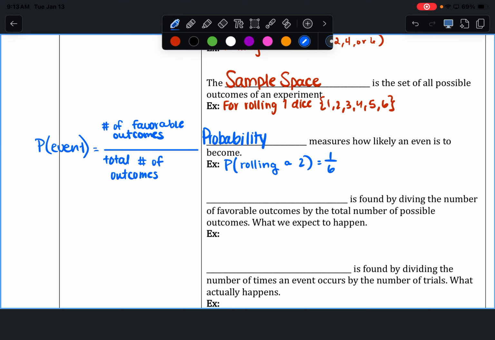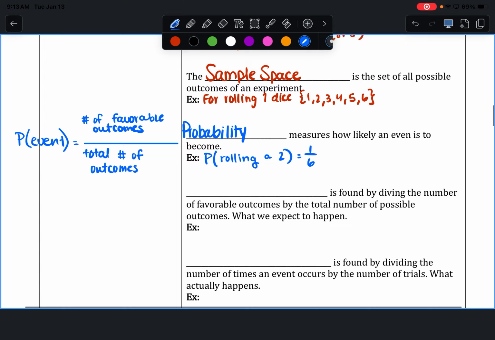Okay? What if we did the probability of drawing a king? How many kings are in a deck of cards? 4. Out of how many total cards? 52.